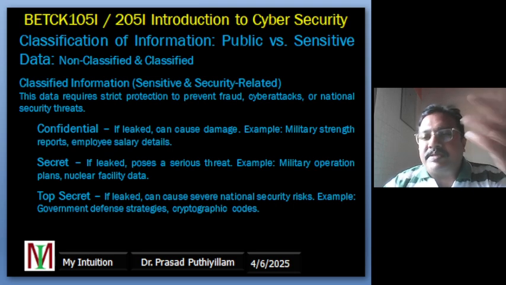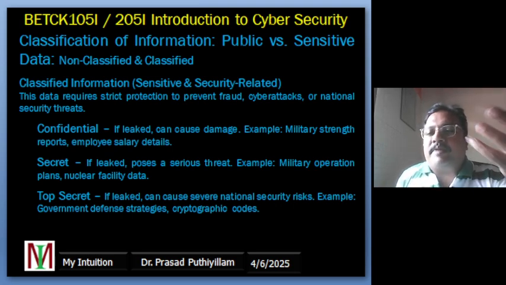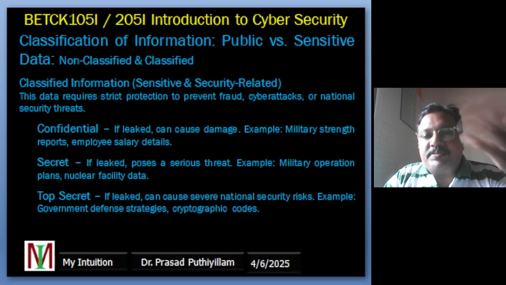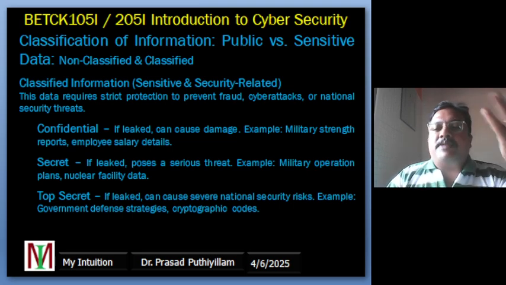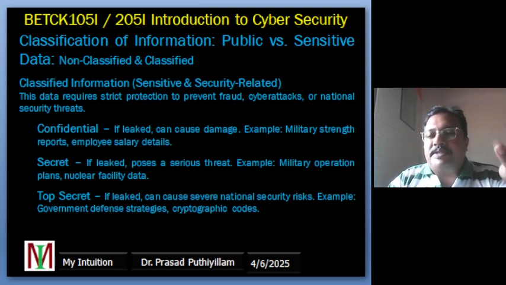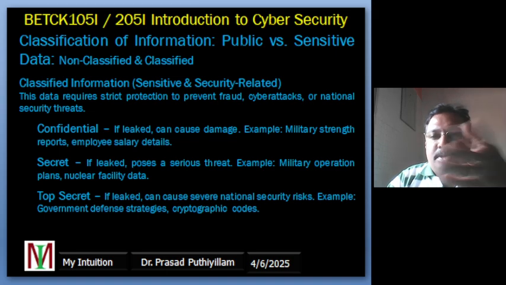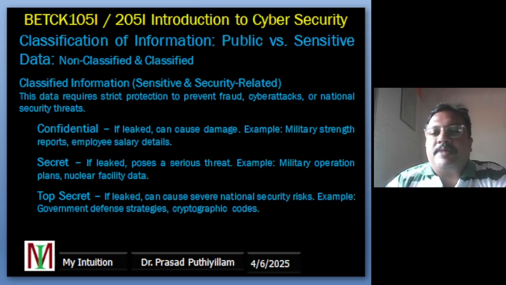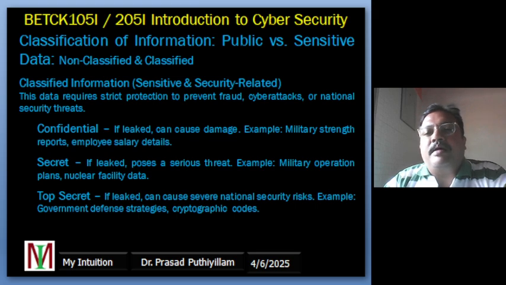Or nuclear facility information, that is a secret of a nation. It should not be leaked to other countries. Top secret is the highest level of security. If it is leaked, it causes severe damage to national security, like the government defense strategy, or the cryptographic codes they use to pass secret messages, which are highly top secret.